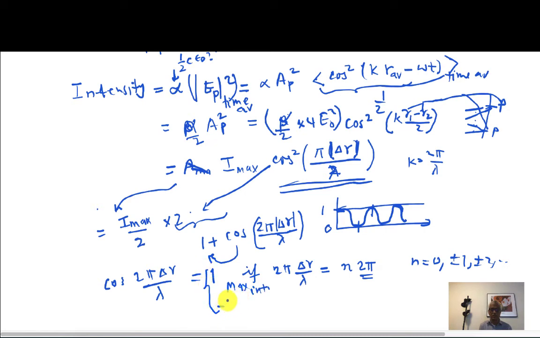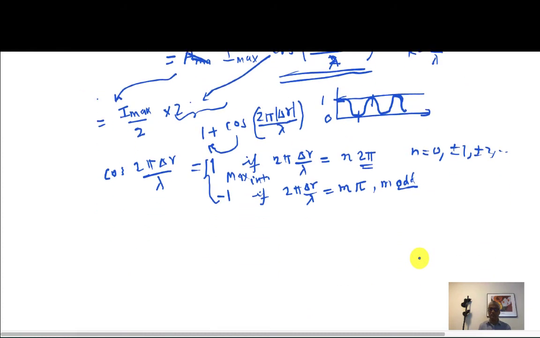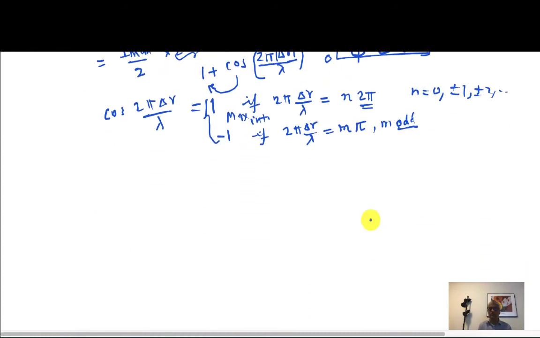When it's minus 1, if I have 2 pi delta r over lambda is actually m times pi, but m only odd, right? So m only odd.